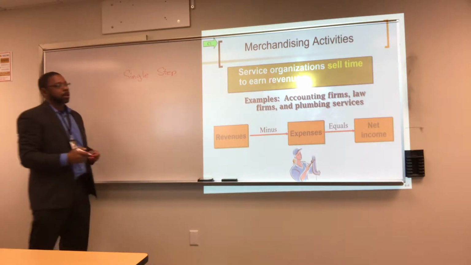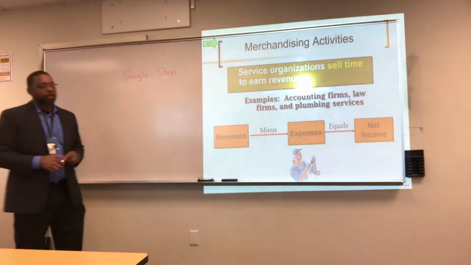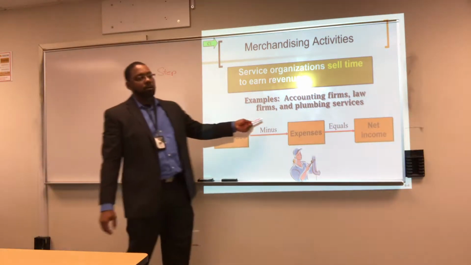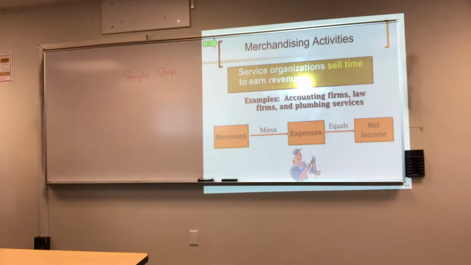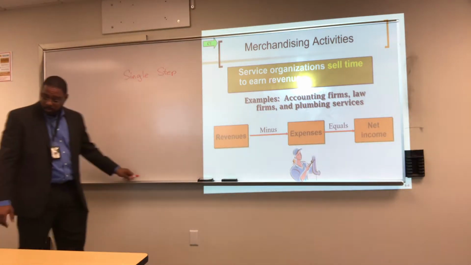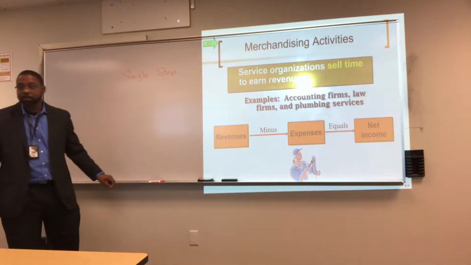Up to this point, revenues have been on top, expenses on the bottom. These are great for the service industry: accounting firms, law firms, plumbers, anybody in the service industry. These are income statements that work for them.